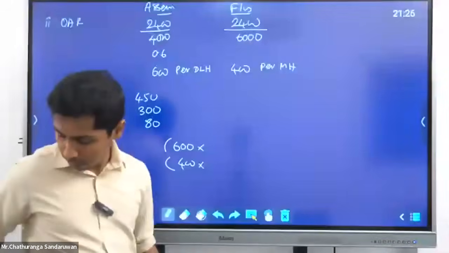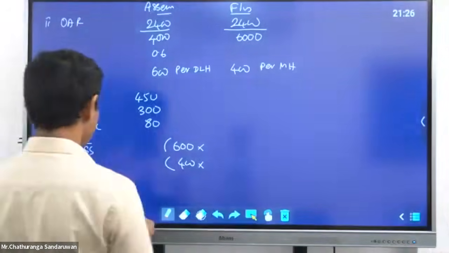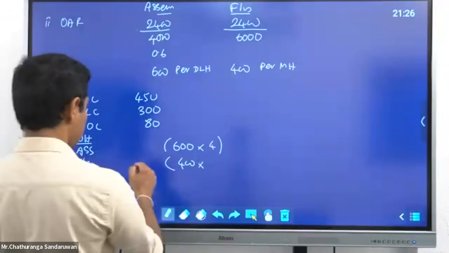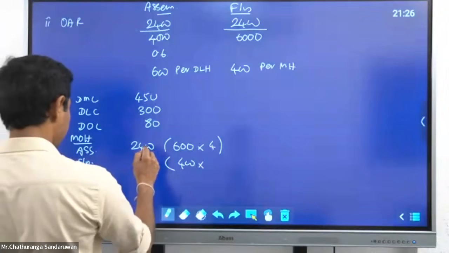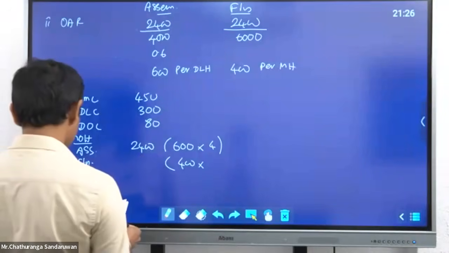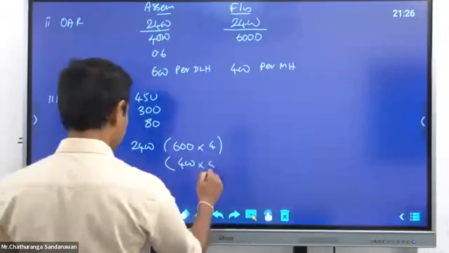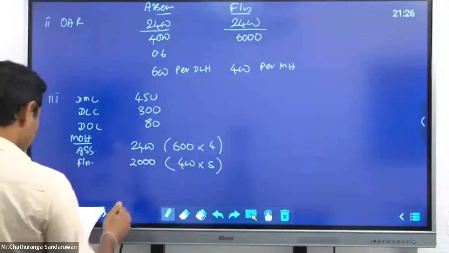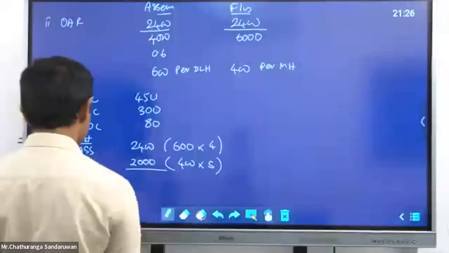So based on that, direct labor hours required in the assembly department is 4, so 2400. Machine hours required in the finishing department is 5, that is 2000. The production cost can be calculated.